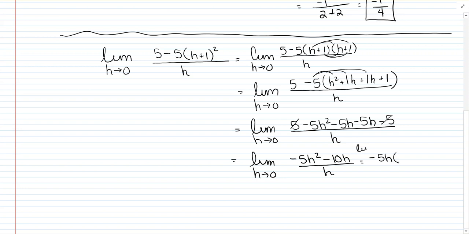And this is the limit, I forgot to put that in, as h approaches 0, of negative 5h. So I'm going to be left with an h plus 2 over h. Always distribute it back out. Make sure you get back what you started with. Cancel the h's.